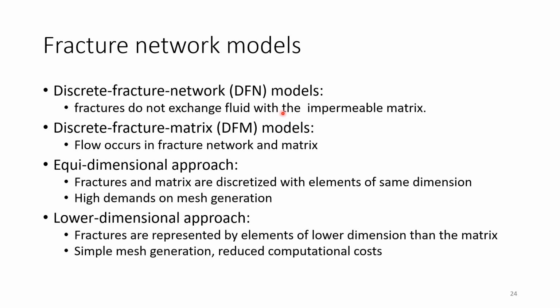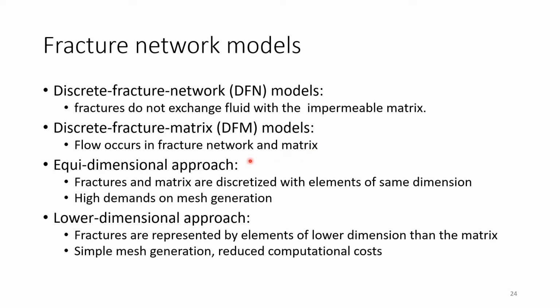All right, so we have something we call discrete fracture network models, where you would consider the matrix to be impermeable. Right, this is often applied if you're talking about reservoirs in terms of geothermal or maybe oil and gas. We can have discrete fracture matrix models where you also have flow in the matrix, and there is some coupling between both.